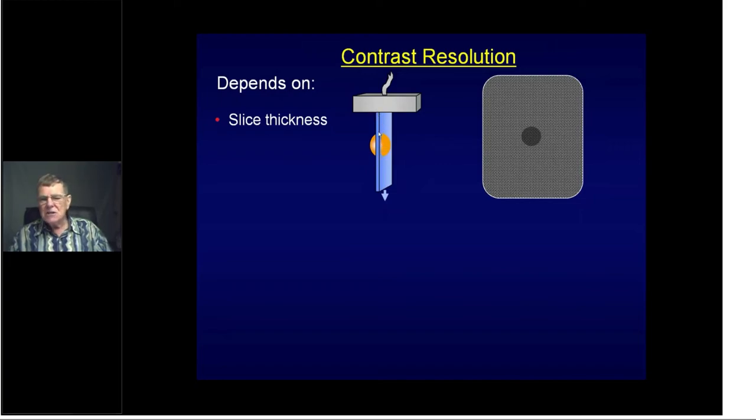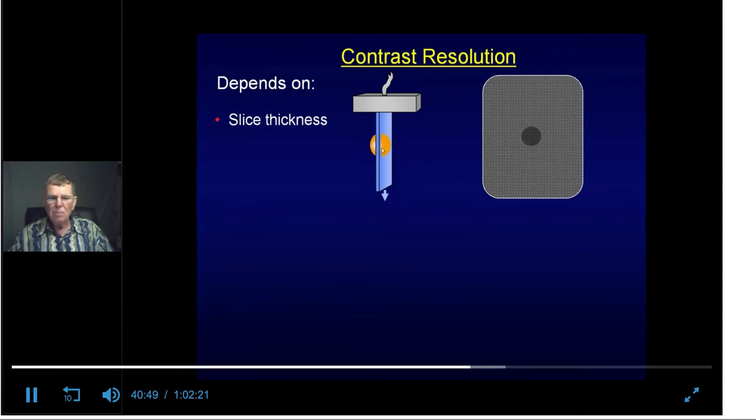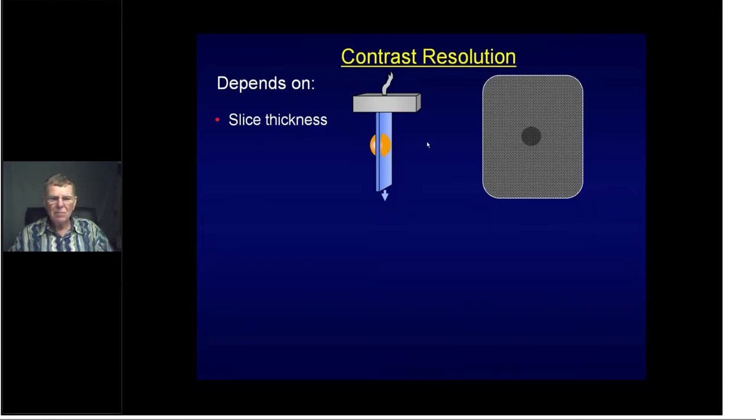But as you can see, with a wide slice thickness, some of the beam is outside of that cyst, either in front of or the back of, or perhaps even both. When that occurs, the part of the beam that's outside of that cyst is still returning soft tissue echoes. Those echoes are put in the image over top of the cyst itself.